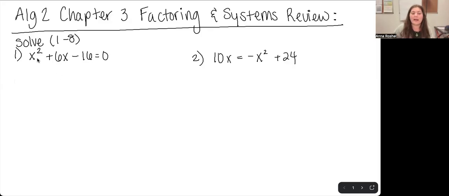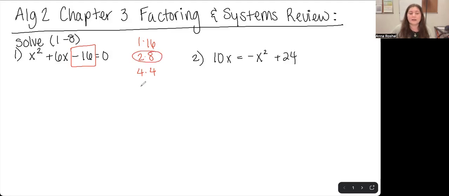Right off the bat, I know that anytime I go in and factor anything, I always take the constant and I find all of the factors of 16. I have been doing this for many years, and I still do this for every single problem that I solve because it just makes my life easier to see the answer where I have it, right?